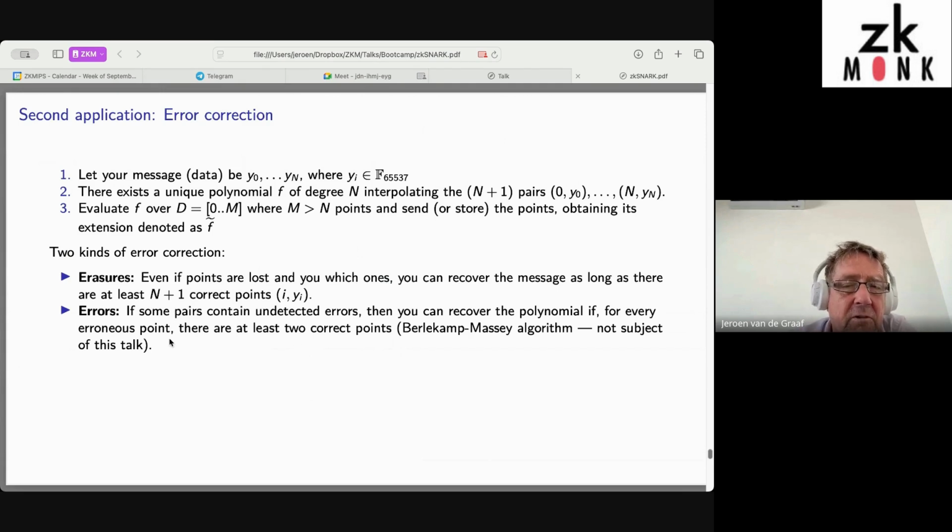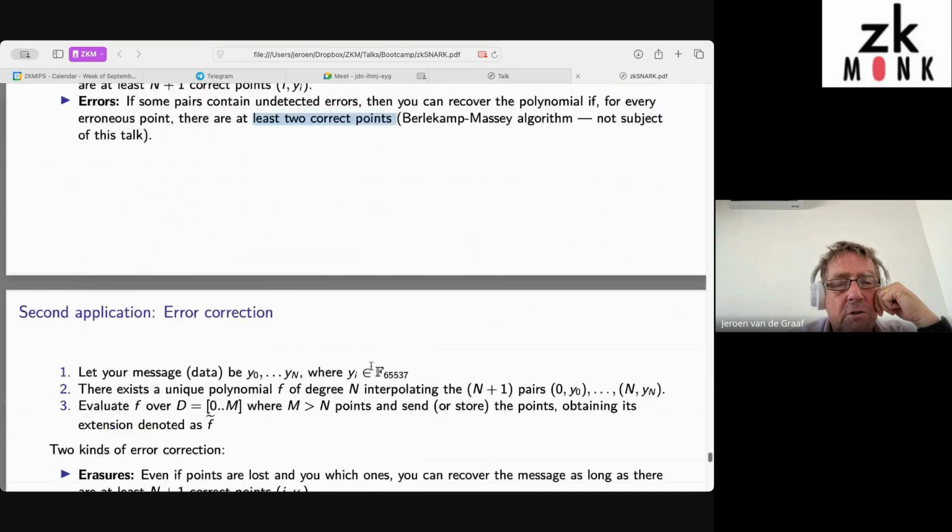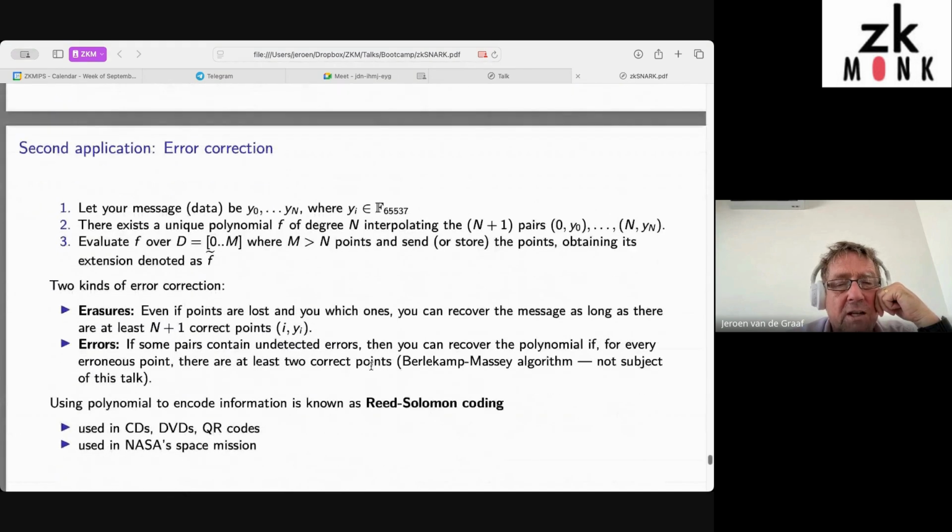In the case of errors, it's more complicated because you may receive something but not know if there is an error. The rule of thumb is that for every error that you have, you need at least 2 correct points. And maybe you have heard of this.